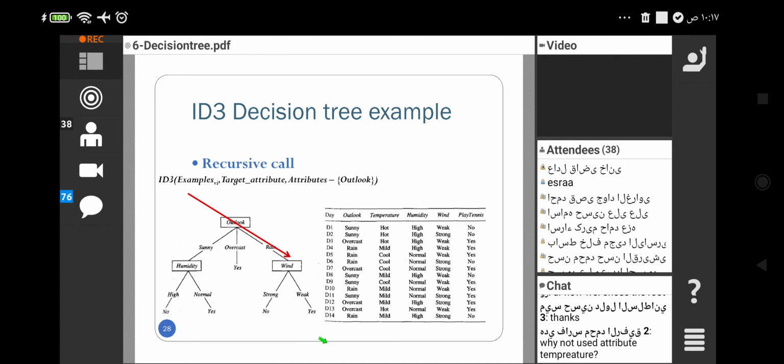So it's not different. The same algorithm is done for all of the nodes. I said that the ID3 decision tree is a recursive algorithm. It means that the same algorithm is done for all of the nodes, with no difference between the nodes.